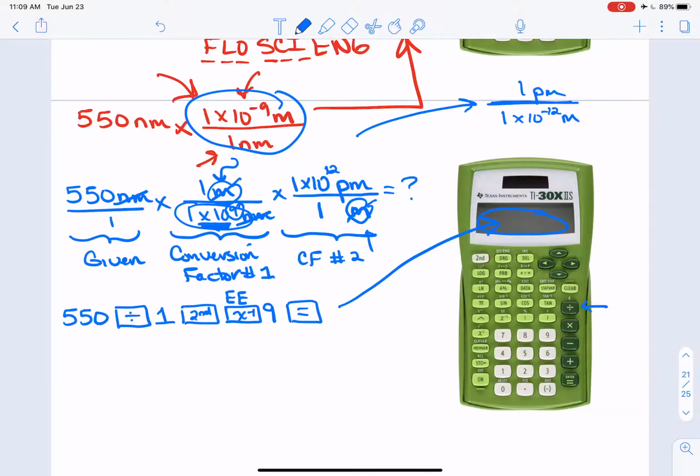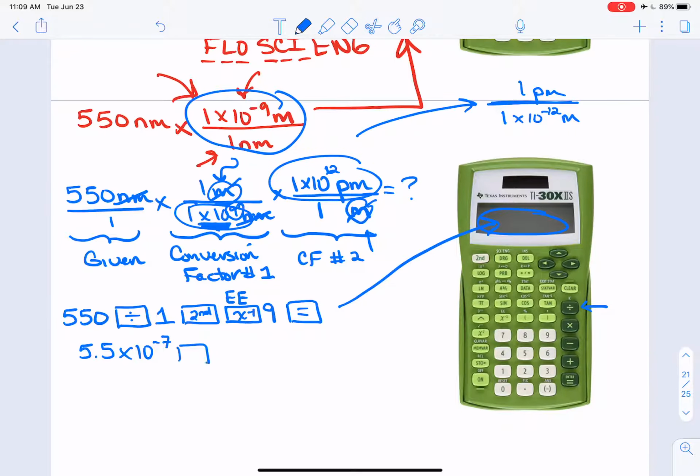The answer will say 5.5 times 10 to the negative 7. That's on the screen. Don't need to retype that in. What you'll want to do is multiply it by this value.